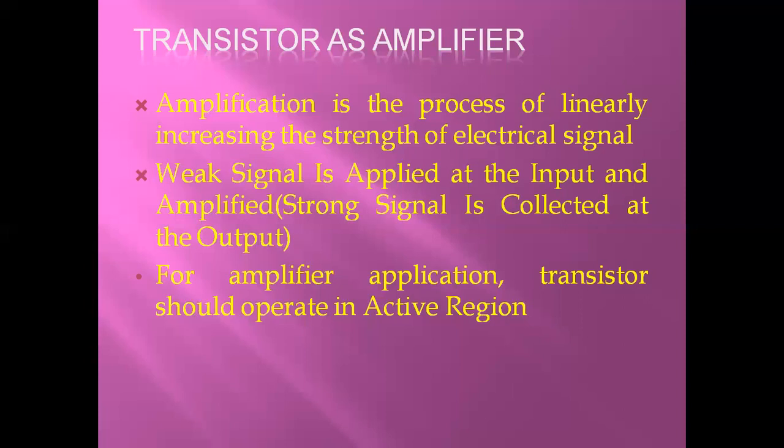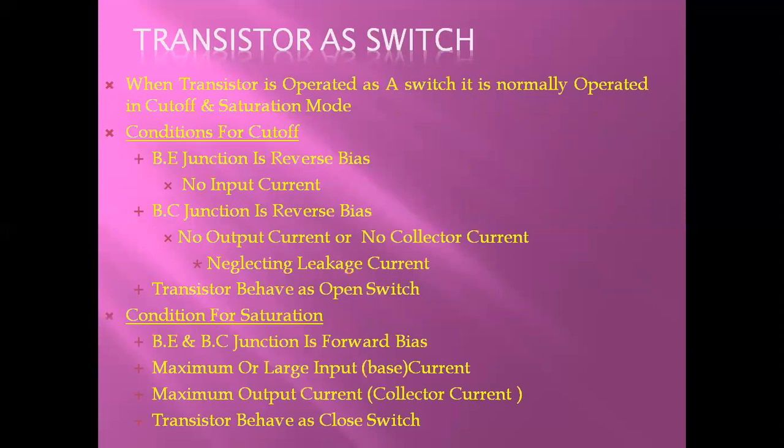When the transistor is used as an amplifier, it operates in active mode. In the case of the transistor used as a switch, we operate it in cutoff mode and saturation mode. As we have discussed already, we have three different modes of operation: active mode, cutoff mode, and saturation mode.